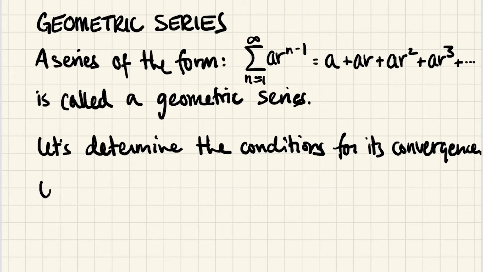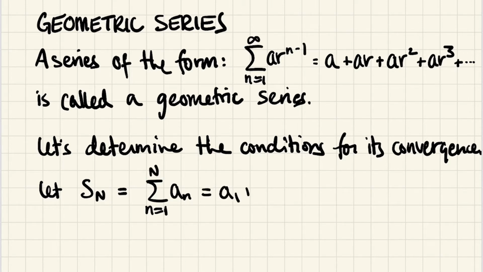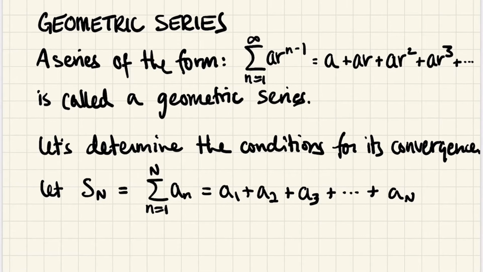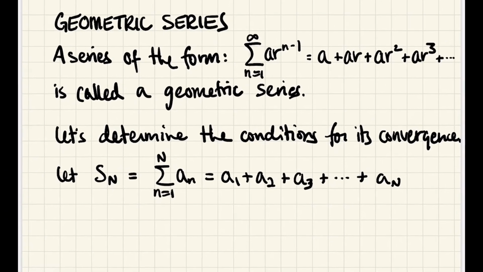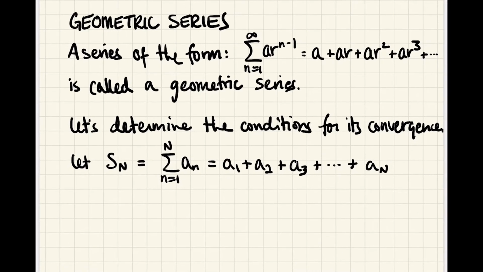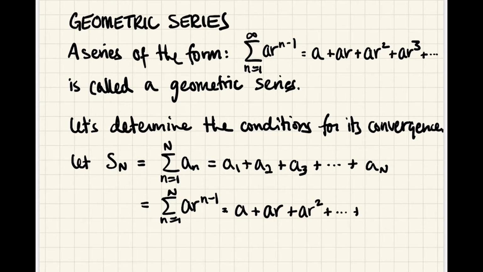We're going to do that by defining capital S_N to be the nth partial sum. So instead of this going from 1 to infinity, we're going from 1 to capital N. This is the nth partial sum of any series, but for a geometric series, it looks like this: a plus ar plus ar squared plus ... and then the last entry would be ar to the N minus 1.